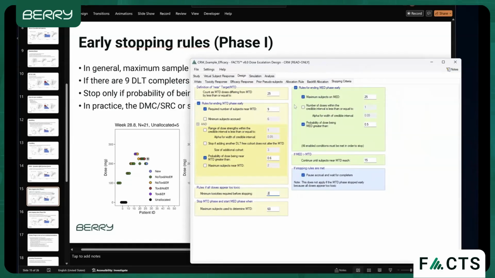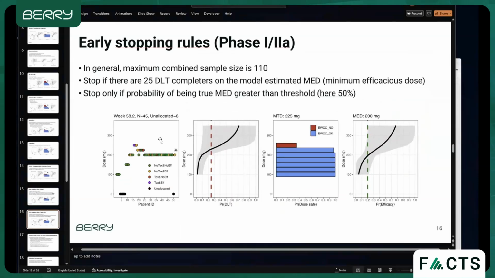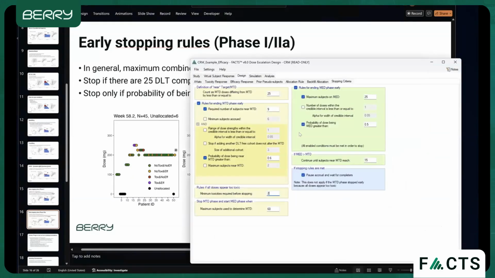And then the other thing that we have is rules for ending the trial, sort of ending the final trial after the phase 2 part of this trial. And that's specified here. So we specify that the maximum subjects on the estimated MED is 25.